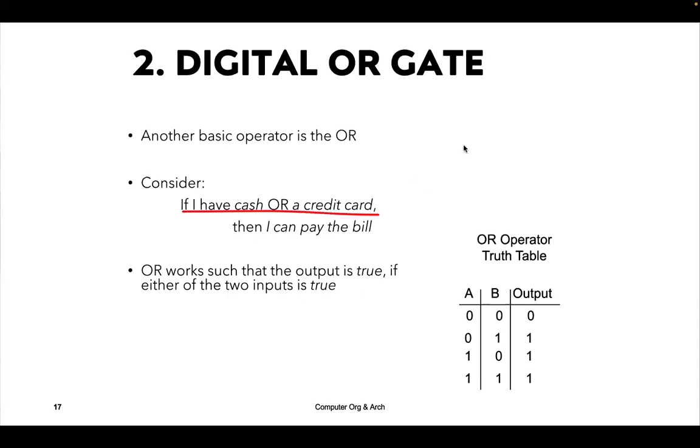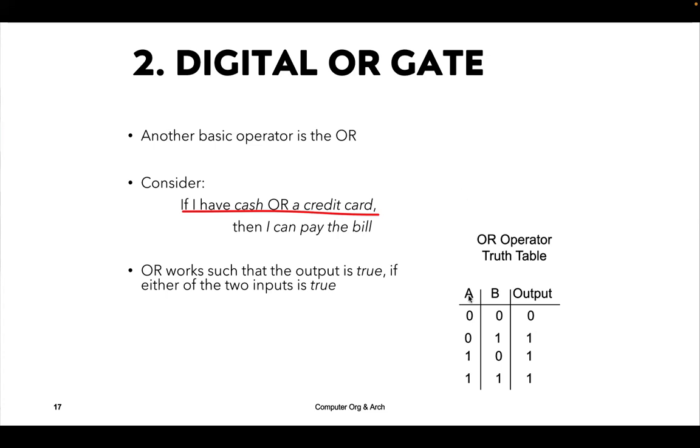If I decide to go to the supermarket with the cash, I can get what I want, meaning the output is true. At the same time, if I go with the mobile money, I just use their merchant code to pay, I can still get the products. So that is the OR gate.